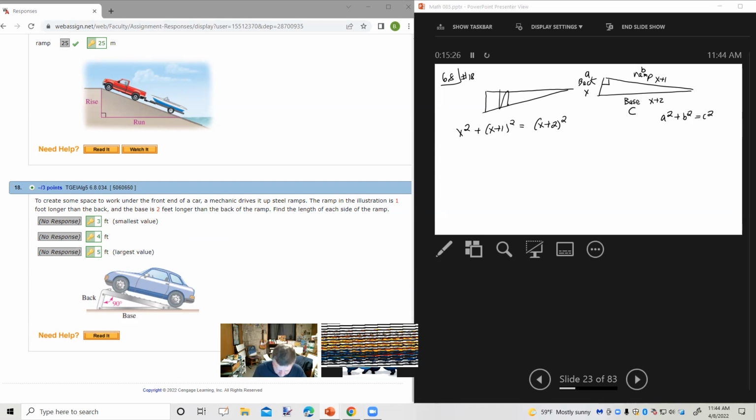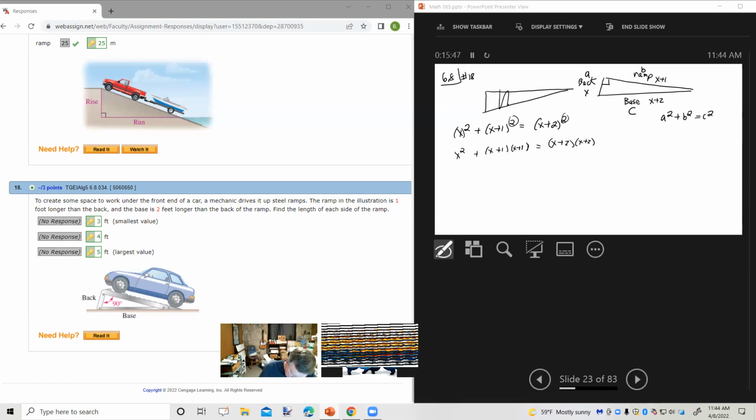All right. Yes. Okay, so now X squared, in fact, here I should write it that way. X squared is X squared. X plus 1, the quantity squared, and then X plus 2, the quantity squared, applying the exponents to the binomials. All right.